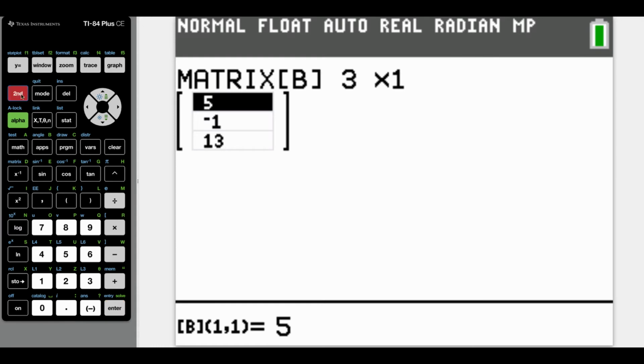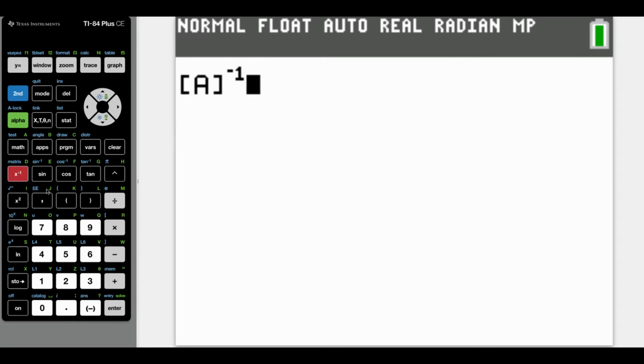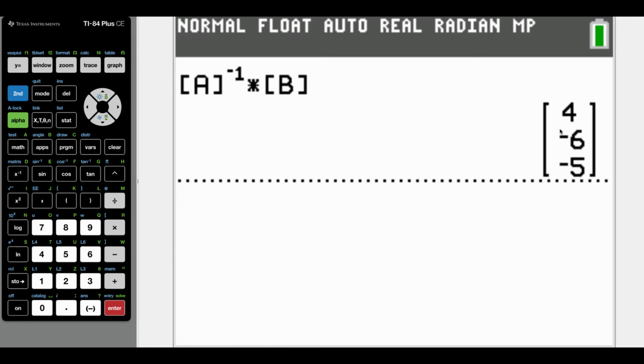So now we've got our 2 matrices filled in, so we need to take matrix A, do its inverse, and multiply that by matrix B. And we should get this matrix. Remember, that top value is our a value, that middle value is our b, and that bottom value is our c.